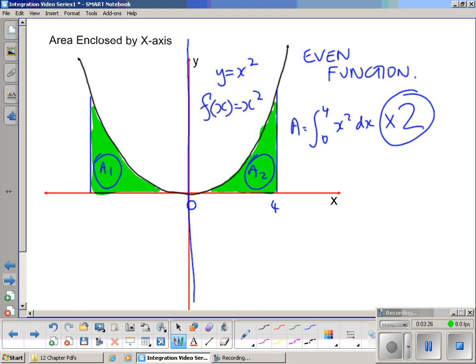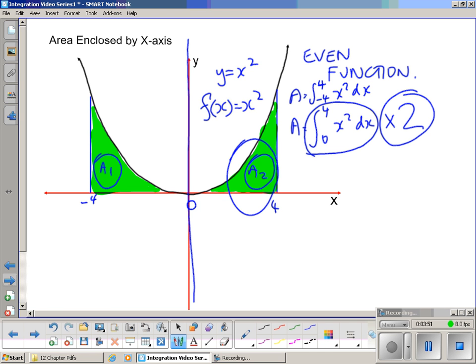So the whole area, I suppose we could put in here, the area between 4 and minus 4 of x squared dx will actually be the area between 0 and 4, this bit here, and doubled. So that's if we have an x-intercept of minus 4 over there.